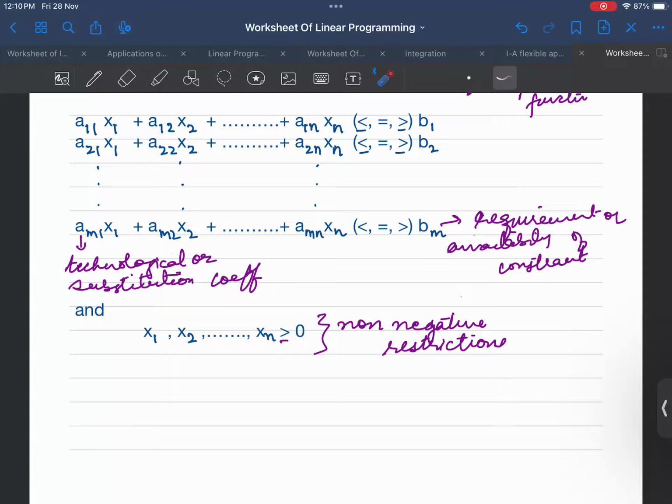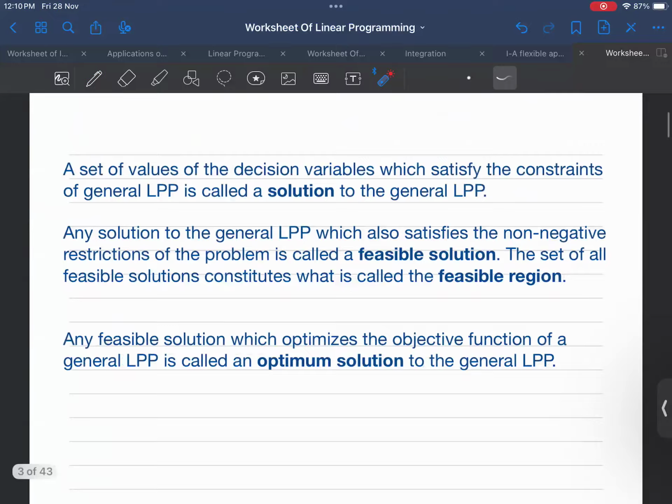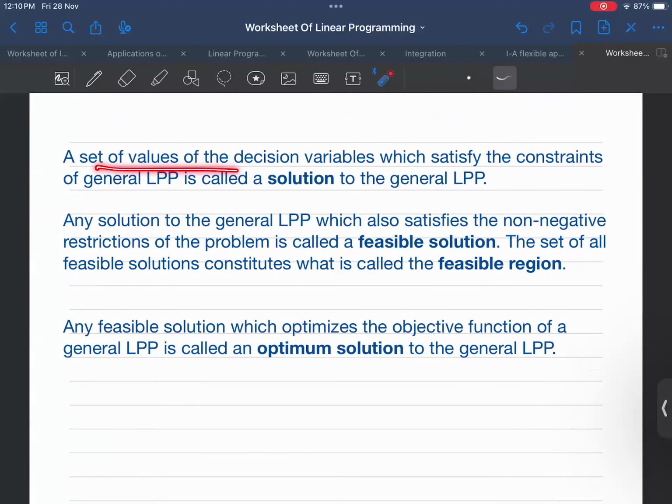I think it's clear. Let me explain you. We get the three parts. A set of values of the decision variables which satisfy the constraints of general LPP is called solution to the general LPP.